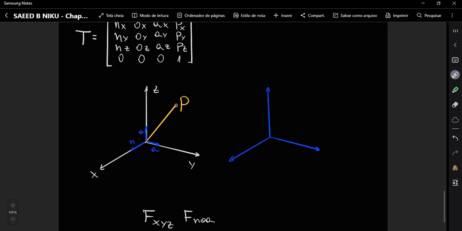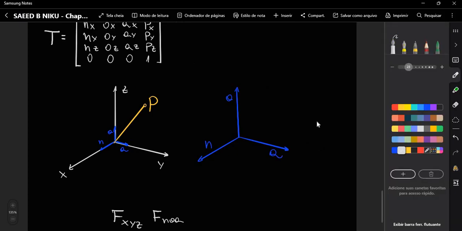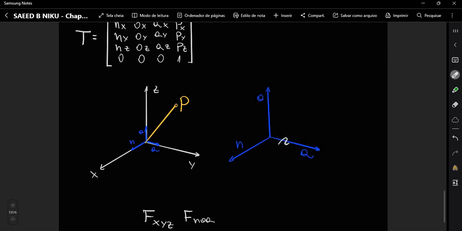It is N, O, A, and these vectors are perpendicular to each other. Okay.